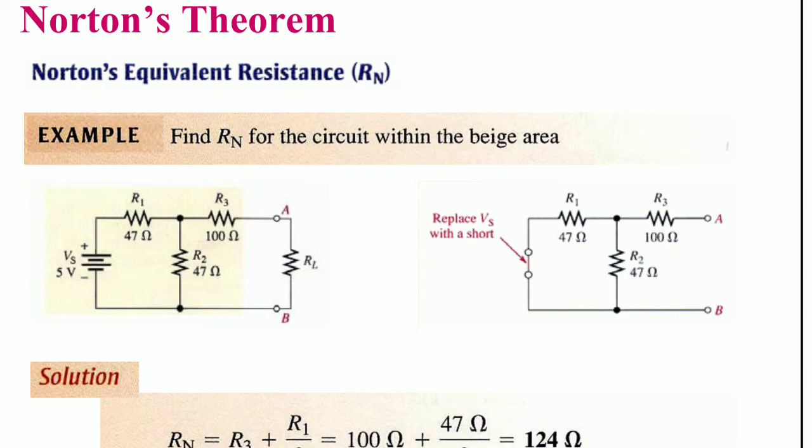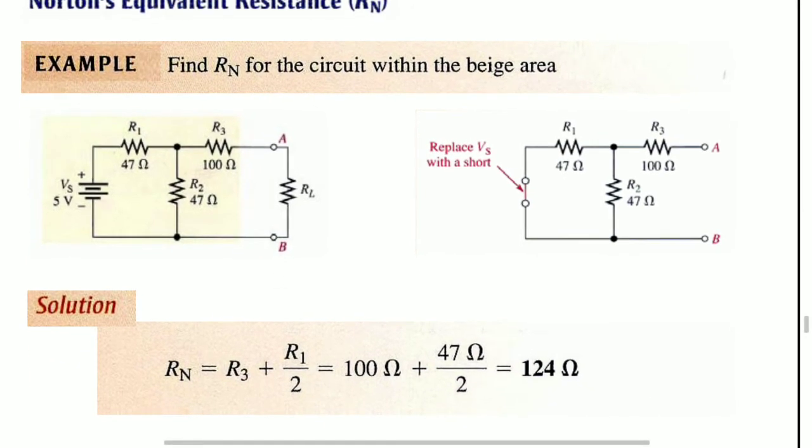RL is removed, and we look from the terminals A and B. So calculate Rn. Here R1 and R2 both are in parallel, and this parallel combination will be in series with R3.